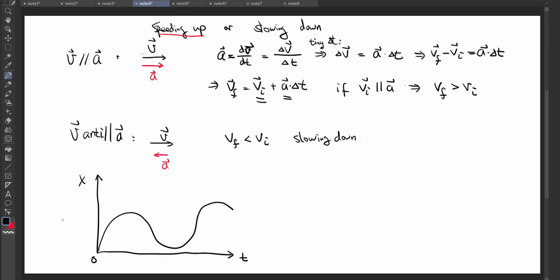Let's divide this object's motion into different time intervals. I'm going to talk about before this highest point, before the peak, and also here, and also the transition point, and the lowest point, the transition point.